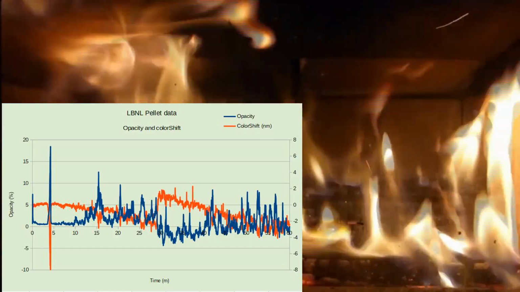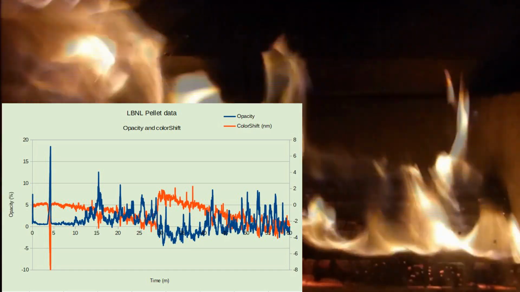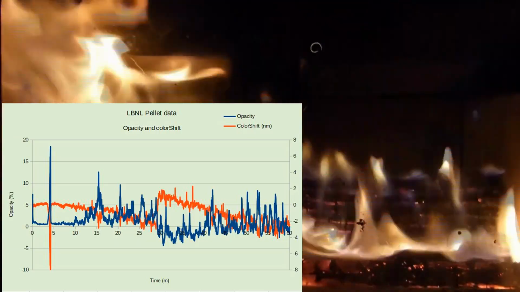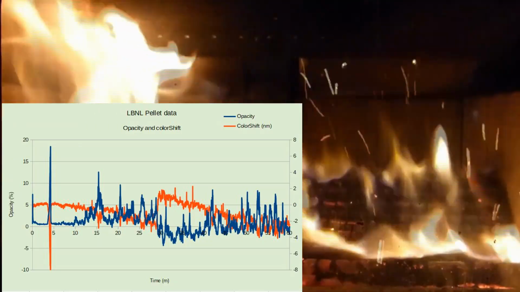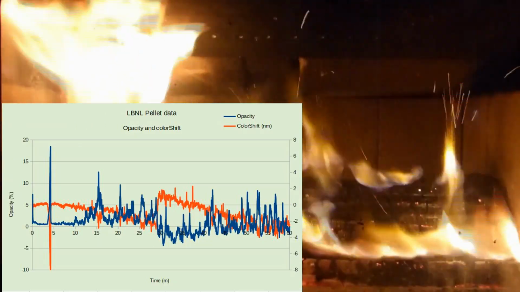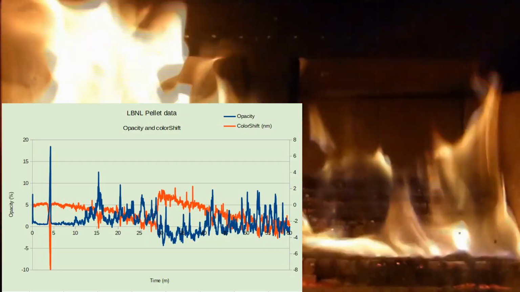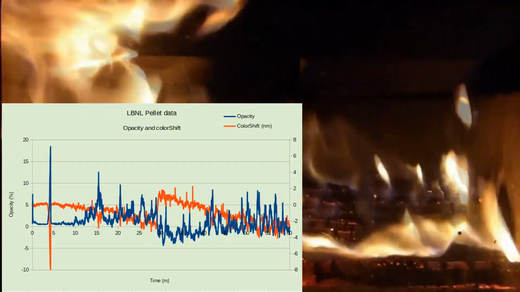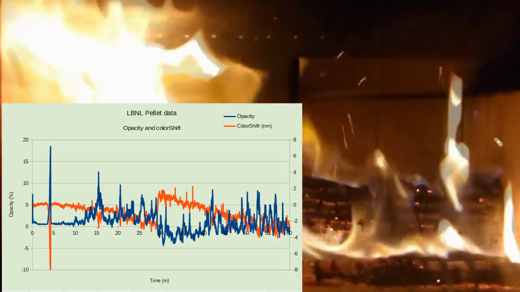That's the blue line, and we're looking at the fire growing, and then every time the system activates the auger, it drops a new batch of pellets in. Every one of those peaks, at regular intervals, is the system turning on and feeding the fire. So yes, we can look at the opacity and smoke released by a pellet stove. It's quite clear what's going on here.